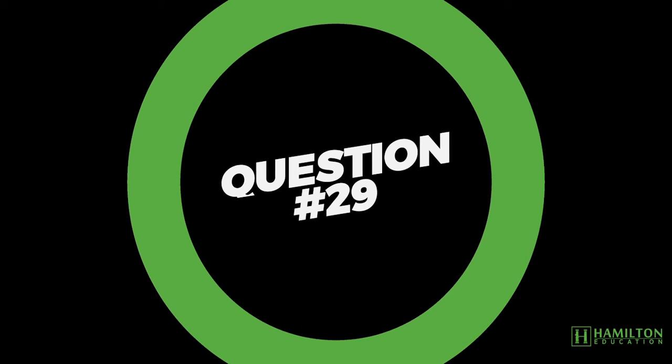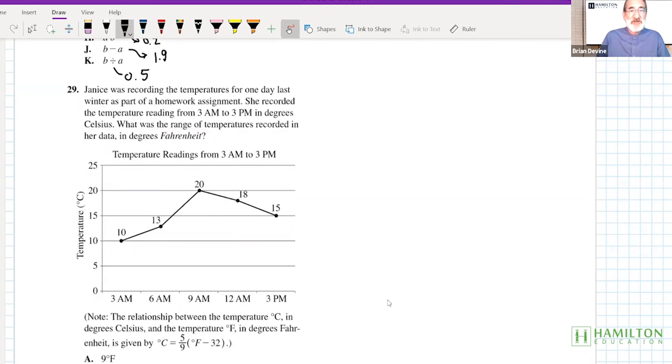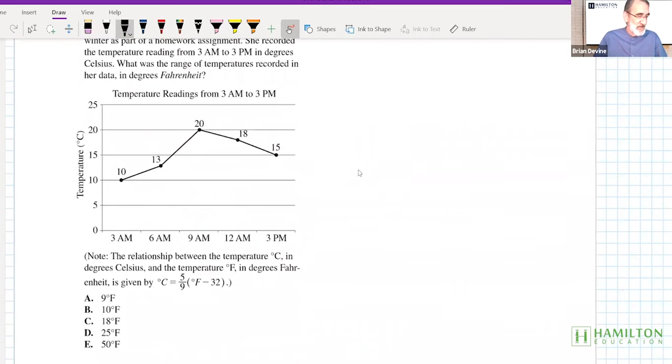For number 29, Janice was recording the temperatures for one day last winter as part of a homework assignment. She recorded the temperature reading from 3 a.m. to 3 p.m. over 12 hours and in degrees Celsius. What was the range in temperatures in degrees Fahrenheit? And we're given a conversion here. In fact, this conversion, we can convert it.